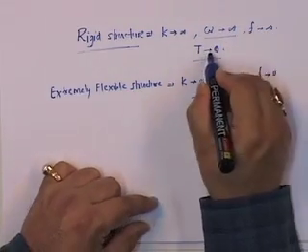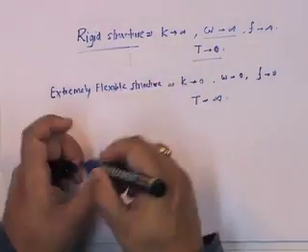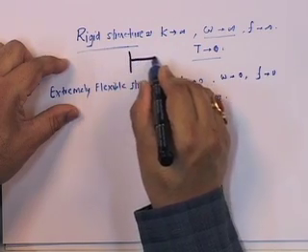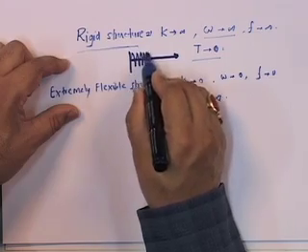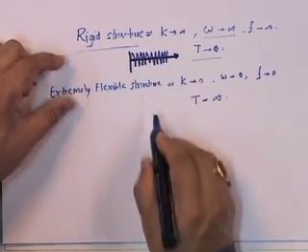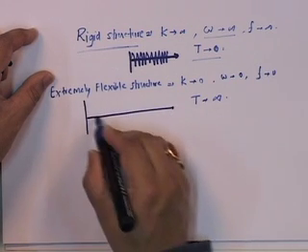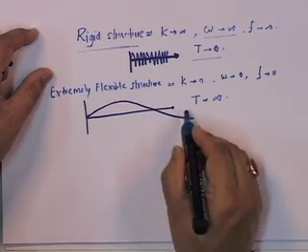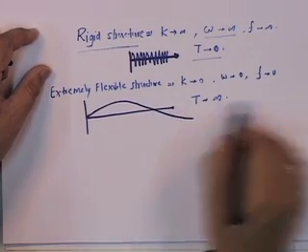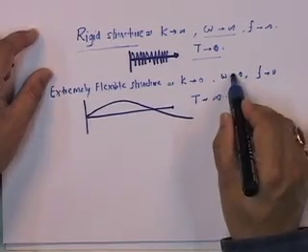In other words, what we are saying is that a rigid structure, when it vibrates, vibrates in this fashion, and an extremely flexible structure will vibrate where the time period is very large. In other words, it almost does not have a frequency.